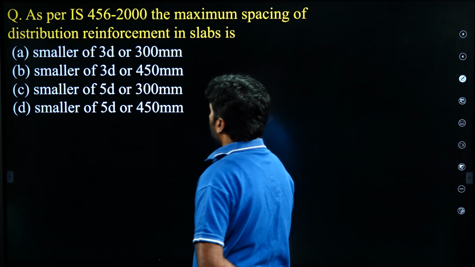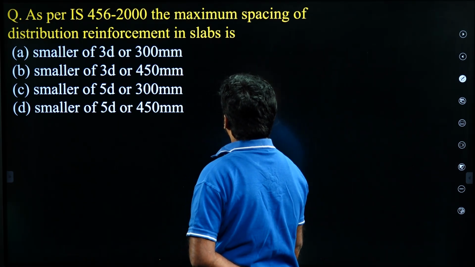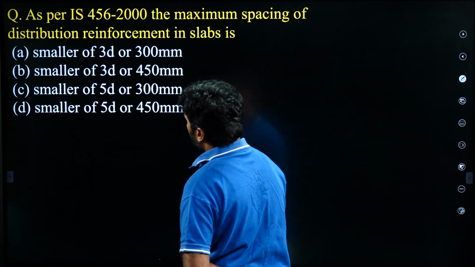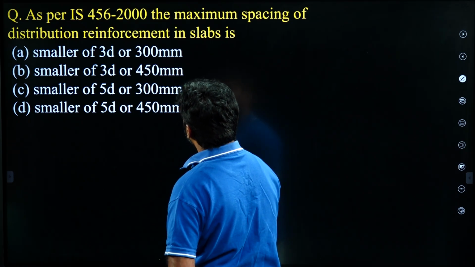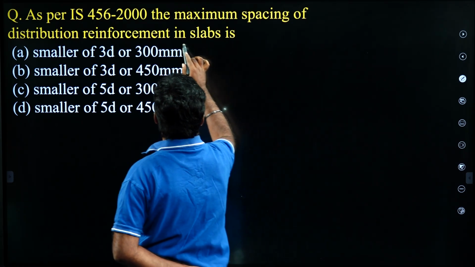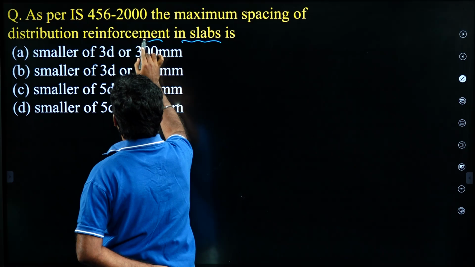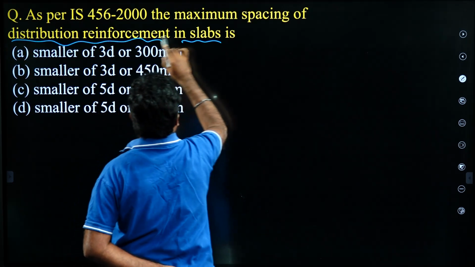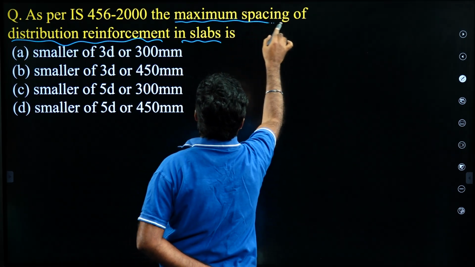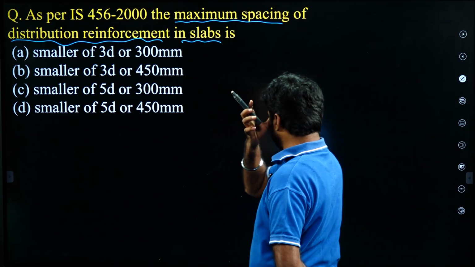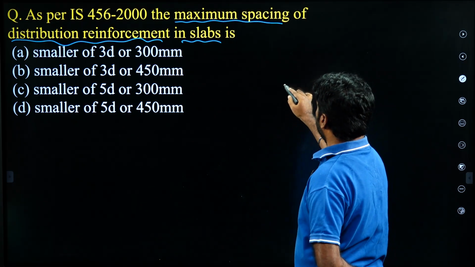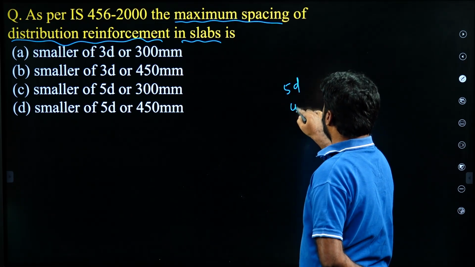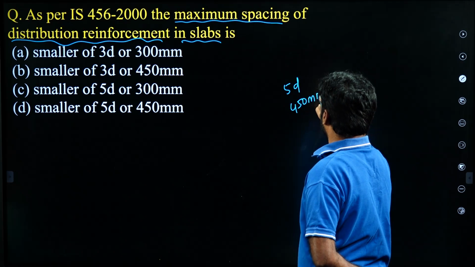As per IS 456/2000, the maximum spacing of distribution reinforcement in slab. What will be the maximum spacing we provide for distribution reinforcement? It is 5d or 450 mm as per old data.